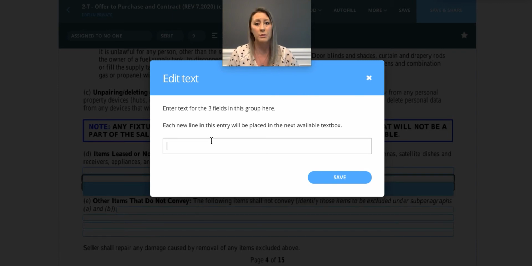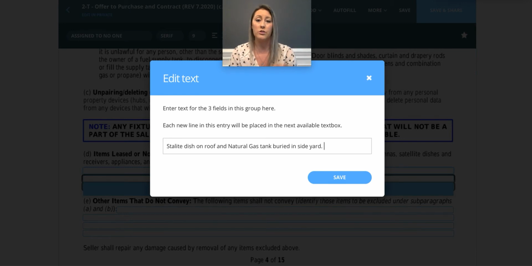This will usually be in the MLS under agent remarks, but it's always good to double check, and it's not very common. So we're just going to put satellite dish on roof and natural gas tank buried inside yard.